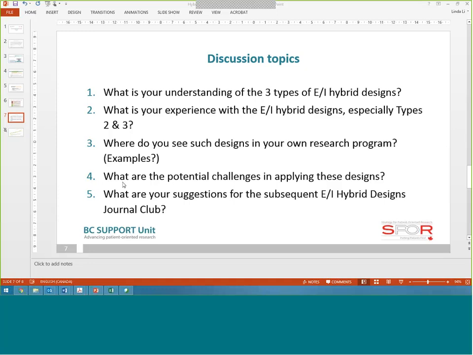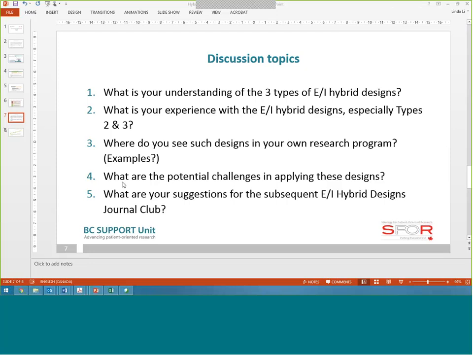I think the challenge for us is to apply those designs correctly and be able to justify it. And going back to the question around whether the step wedge design can do a type 2, I actually agree with Marie that a type 3 is probably more appropriate to do a step wedge.